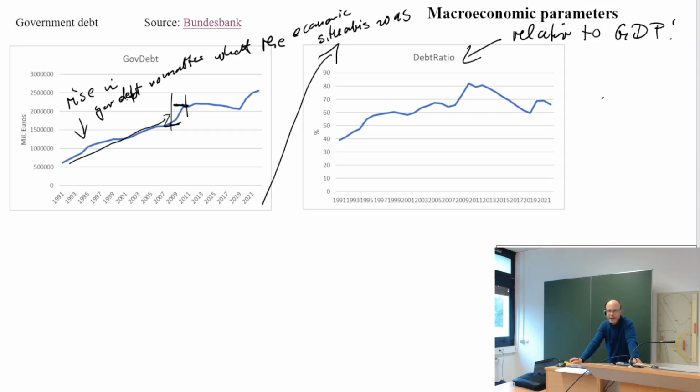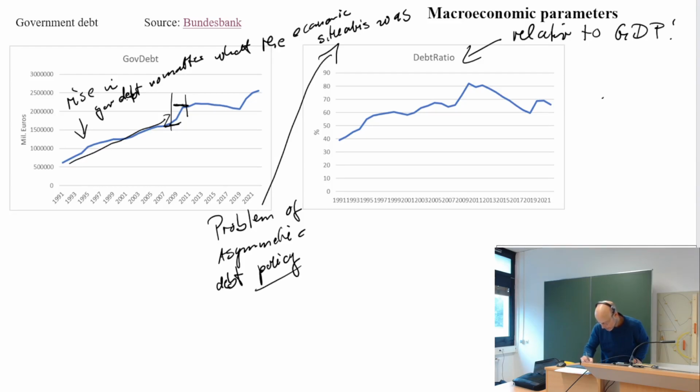So that until the financial crisis in more or less every industrial country, we always said, well, we can just raise government debt no matter what happens. Problem of asymmetric debt policy. And well, then we had the shock here in the financial crisis.